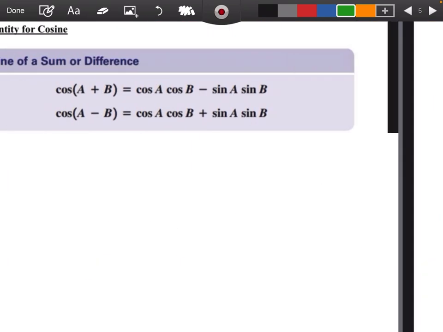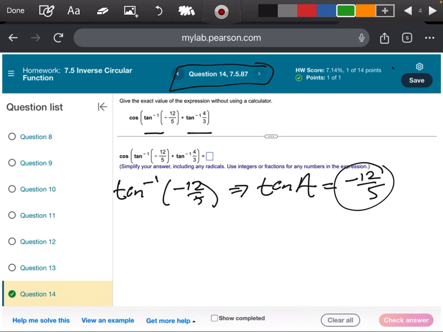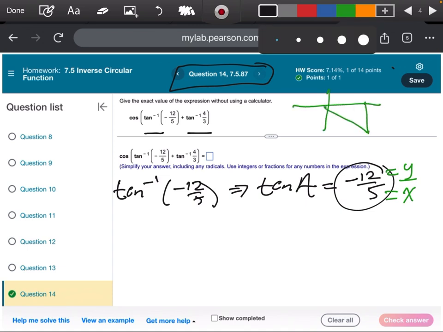Since the tangent is negative, remember the tangent is the y over the x. Since my tangent is negative, I have to assume that my y is negative 12 and my x is positive 5. So I'm going to draw a picture and call this my angle A. Our y value is negative 12 and our x value is 5.